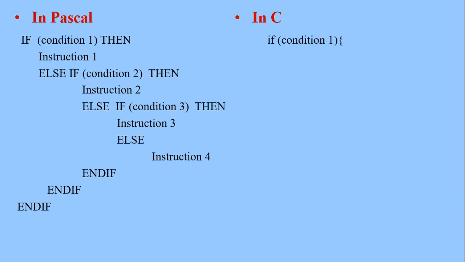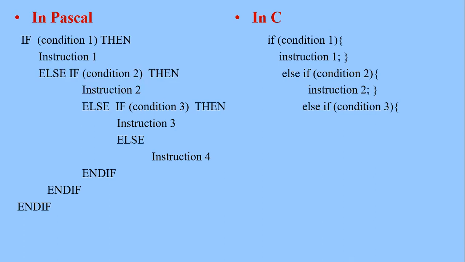If condition 1, execute instruction 1. Else, if condition 2, execute instruction 2. Else, if condition 3, execute instruction 3. Else, execute instruction 4. And end the program. So for C, we end each condition immediately using the braces.